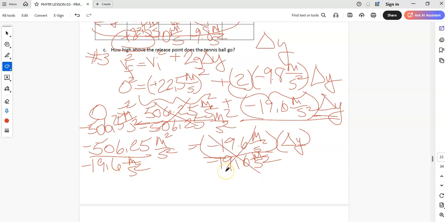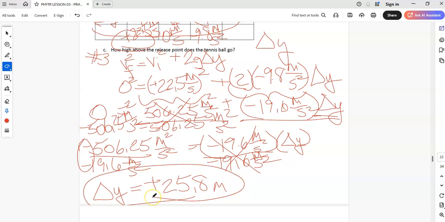This cancels, and when we divide these two terms out, we get that our delta y is equal to a positive value, because it's a negative divided by a negative, they cancel each other out, positive 25.8 meters. And that is our vertical displacement. It's positive because the ball is going up.